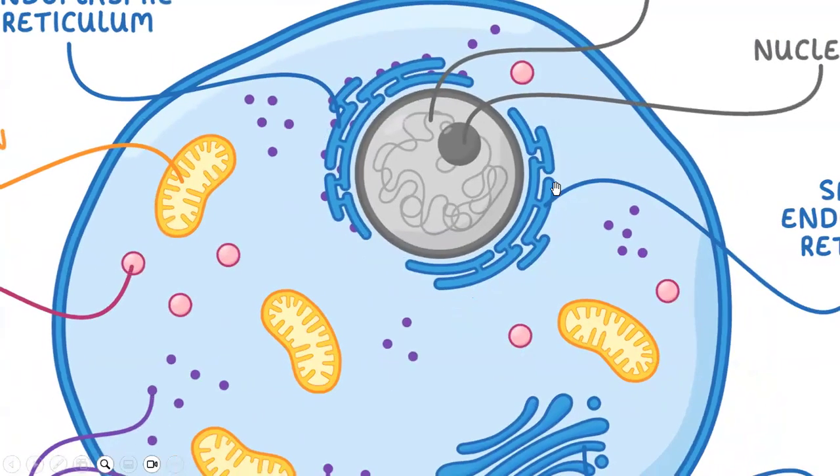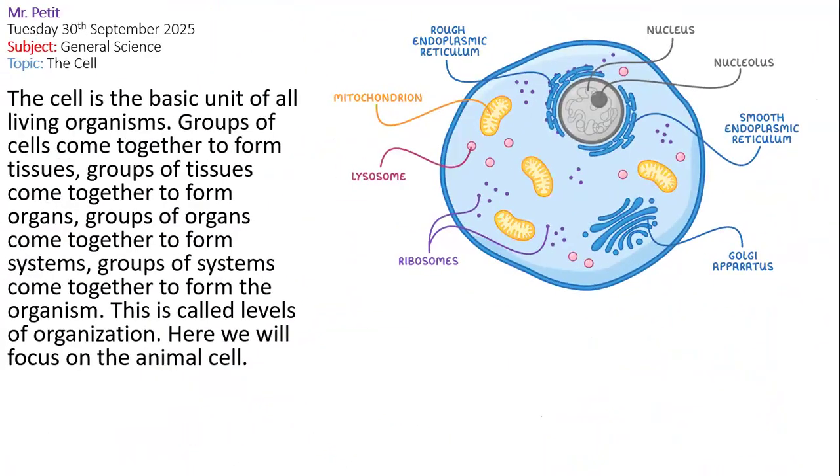The purpose of the rough endoplasmic reticulum is various: transporting stuff with the help of the ribosomes, and it helps to make proteins. The smooth endoplasmic reticulum is there to synthesize lipids, which is basically fats, but also to transport stuff as well.